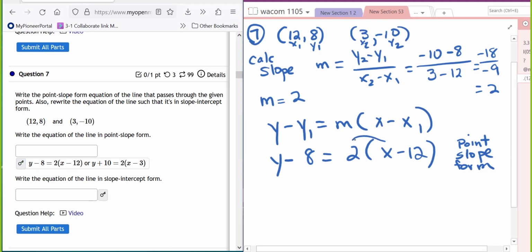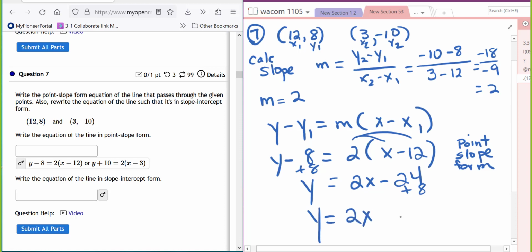We don't even have any fractions to clear, which is excellent. 2x minus 24. And so we will add the 8. So y equals 2x minus 16. Good.